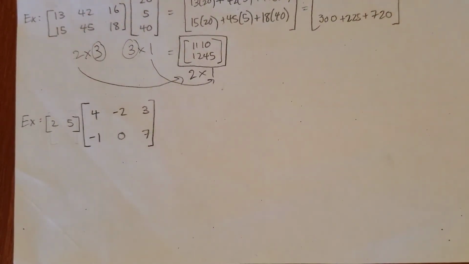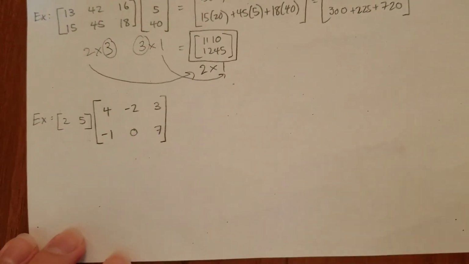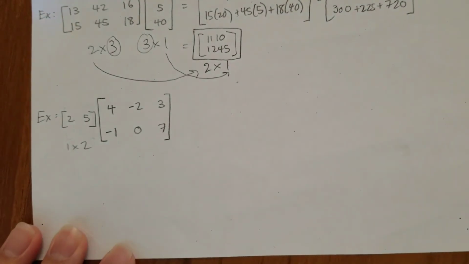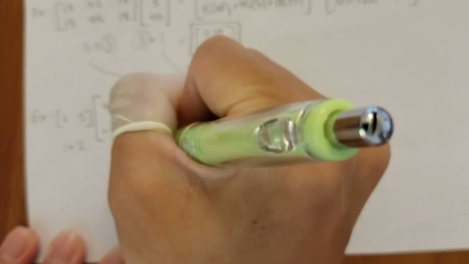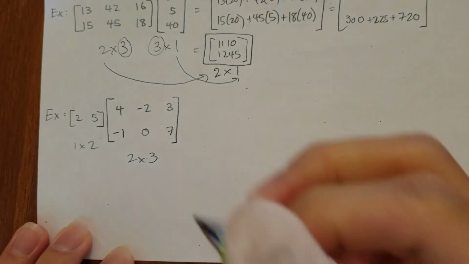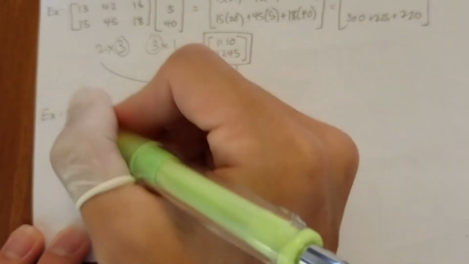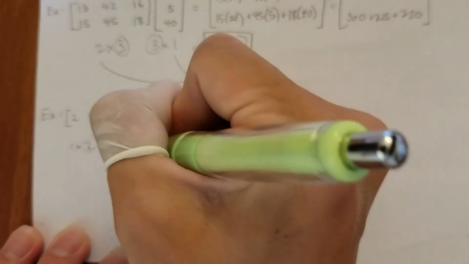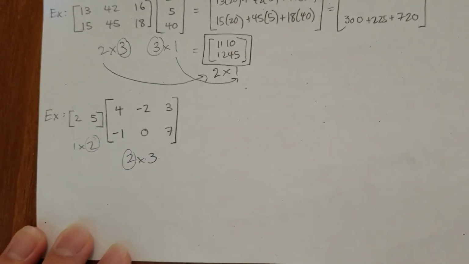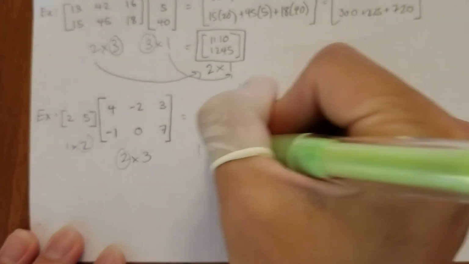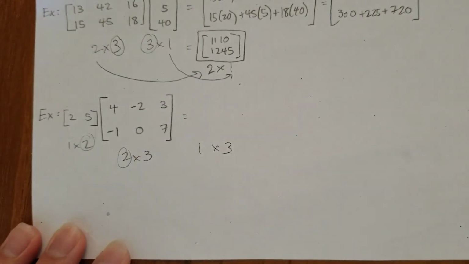Okay. Let's say we have something like this. So what we have here is this is a 1 by 2 matrix. This matrix here is a 2 by 3 matrix. So because the columns for this matrix are the same as the number of rows in this matrix, this means we're going to create a 1 by 3 matrix.